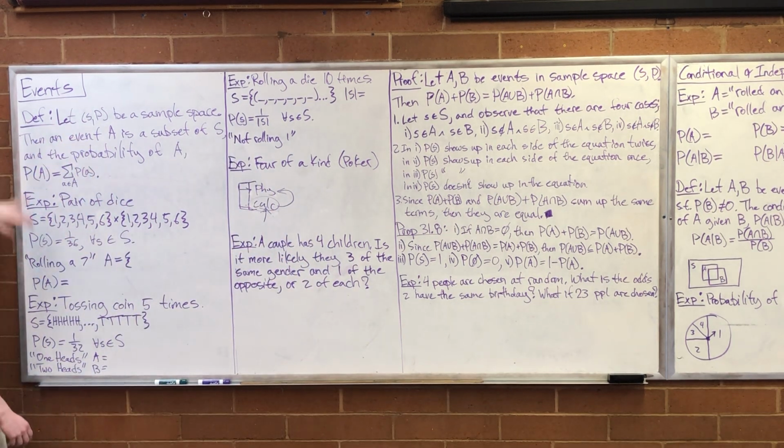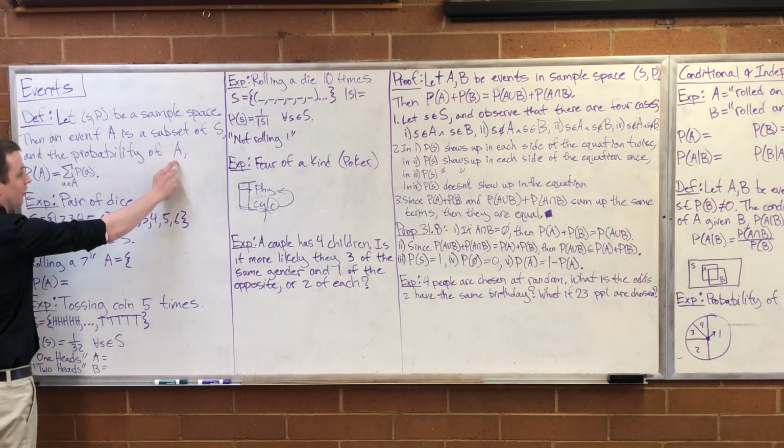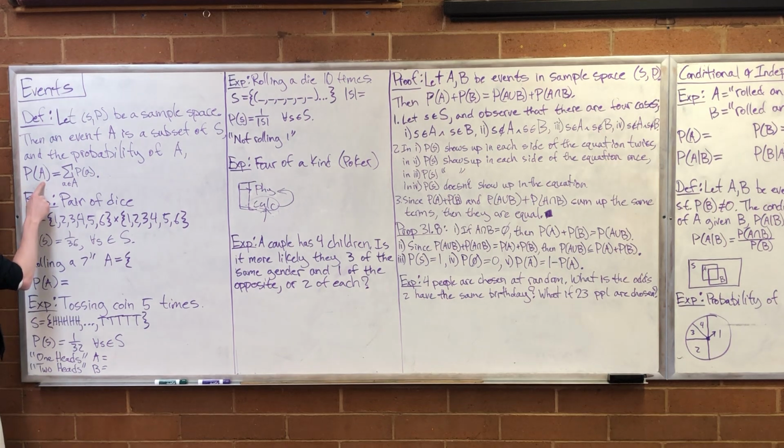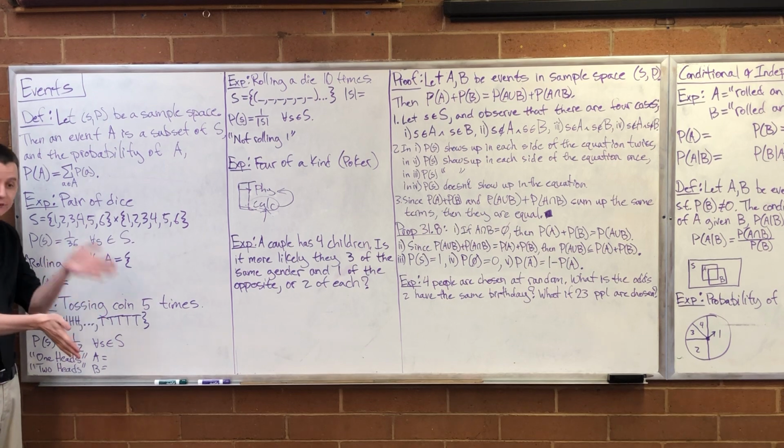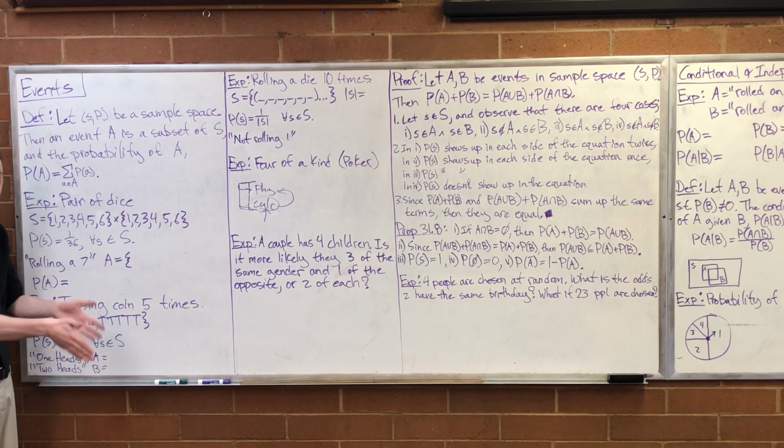So let (S, P) be a sample space, and an event A is a subset of S, and the probability of A, which we represent P(A), is equal to just the sum of the probabilities of the individual elements in A. So if I roll 2 dice, what's the probability of a particular outcome? 1/36. The odds that when I roll those 2 dice, the first one's a 4 and the second one's a 3, is 1/36.